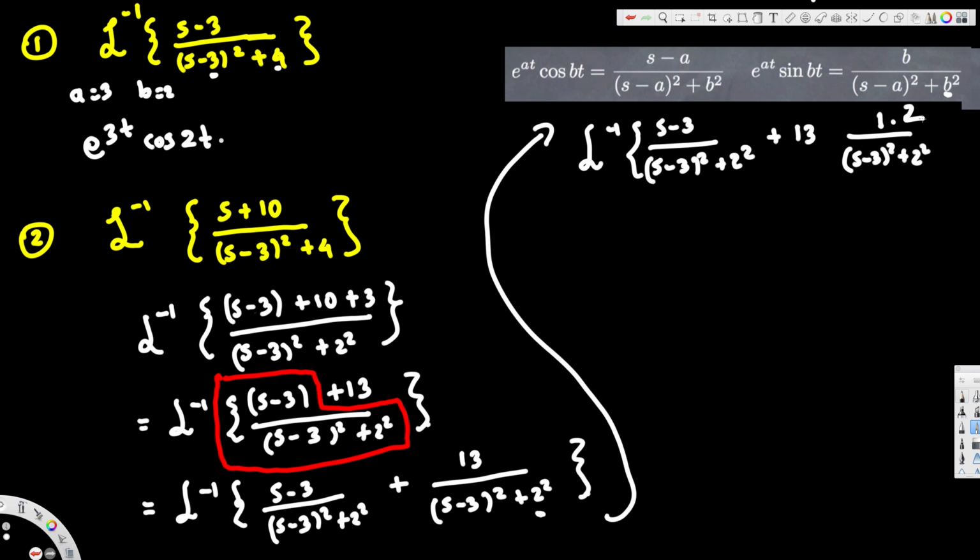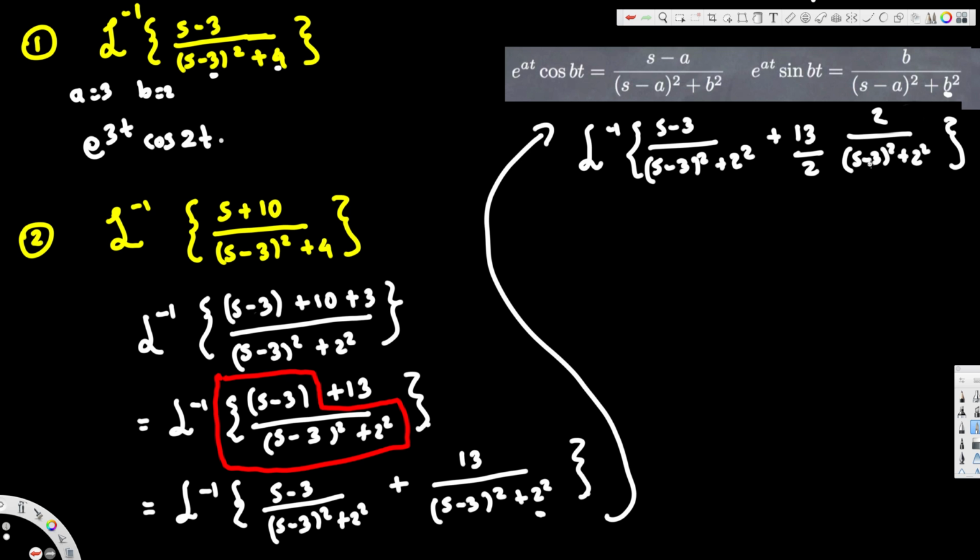But we only want the 2 on top, so we divide by 2 outside, taking this 2 out. In that way we brought this pattern. Now this is 2 over (s − 3)² + 2², which matches the second pattern.